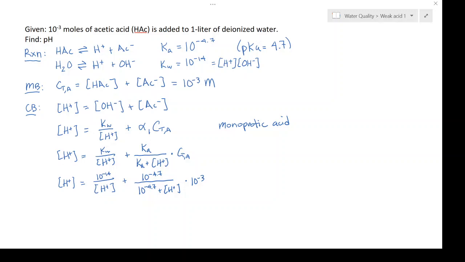I used my calculator to solve this, and I got an answer of 0.000132 moles per liter, or 10 to the minus 3.88, which gives me a pH value, which is the negative log of H plus. So the pH is 3.88, and that is our pH of a weak acid solution where we have 10 to the minus 3 moles per liter of acetic acid.